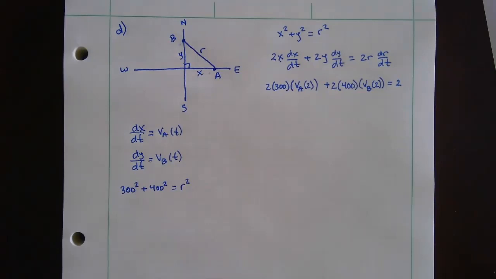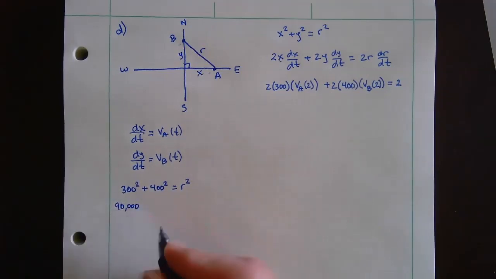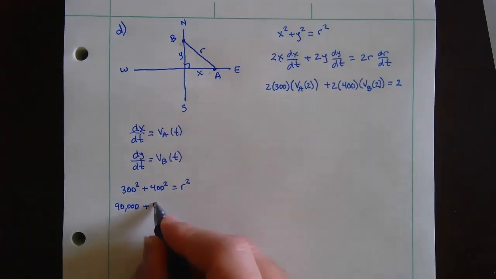That's hard without a calculator. 90,000? Yeah, 90,000. And then plus, and this would be 160,000.